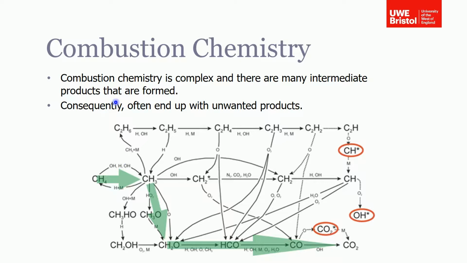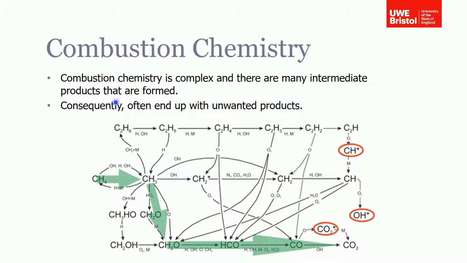Okay, so principally, combustion chemistry is very complex. Up till now, in the previous session where I talked about combustion, we said that you have a hydrocarbon, and that reacts with oxygen, and it gives you carbon dioxide and water. Well, that's what you want to happen, and strictly speaking, that's true.